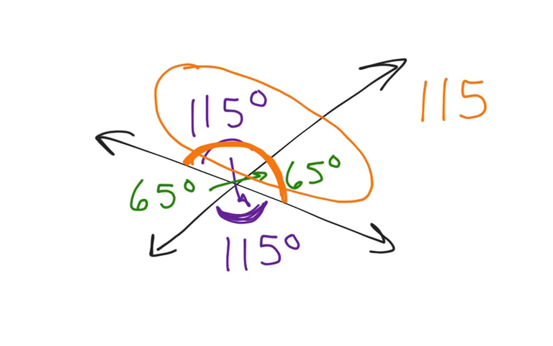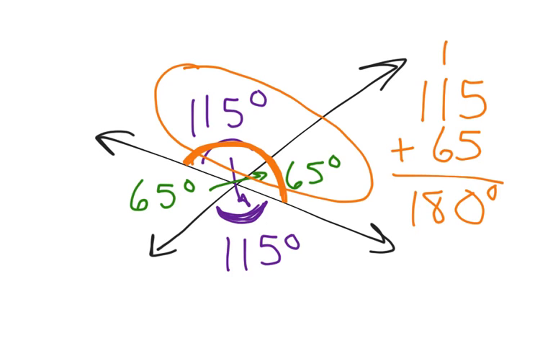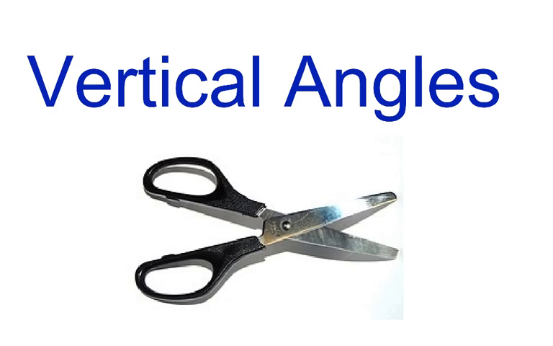So I can write 115 plus 65 degrees gives me 180 degrees. So that's an added bonus, combining what you've learned about straight angles as well as vertical angles. And that concludes our lesson on vertical angles.